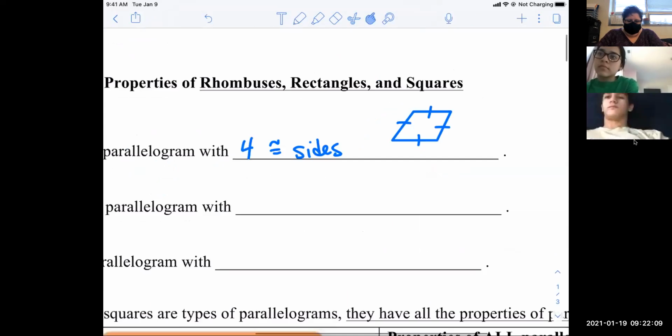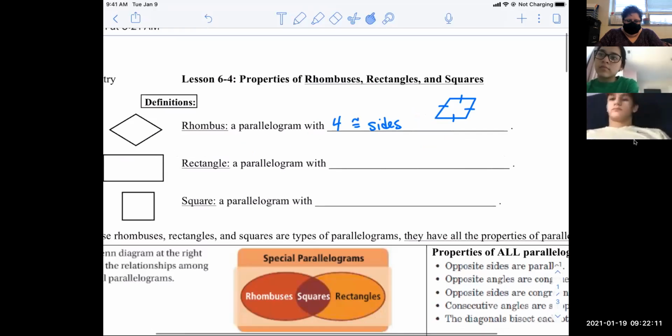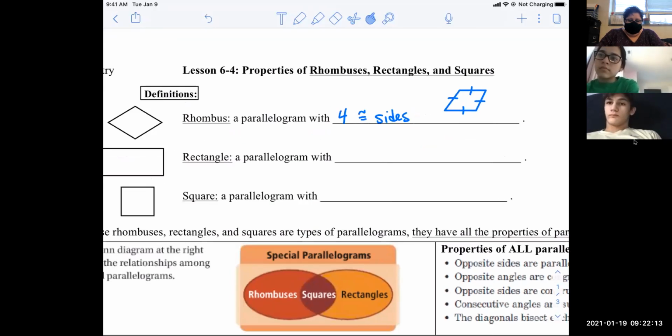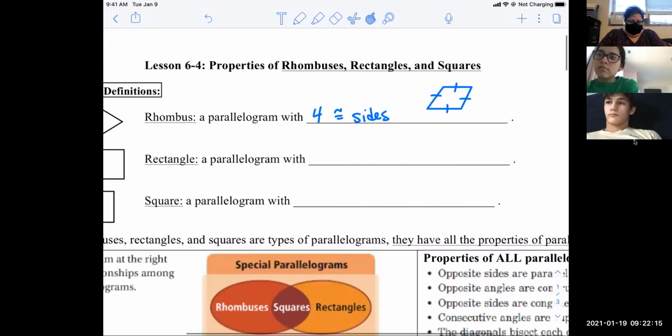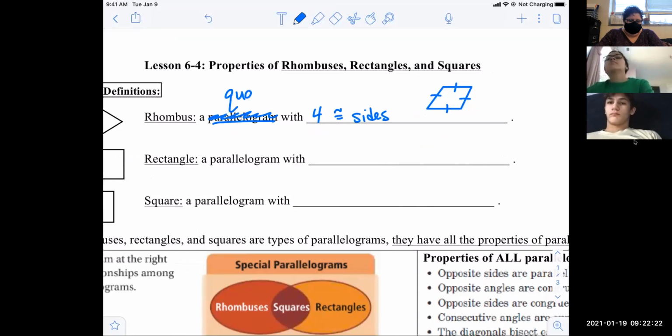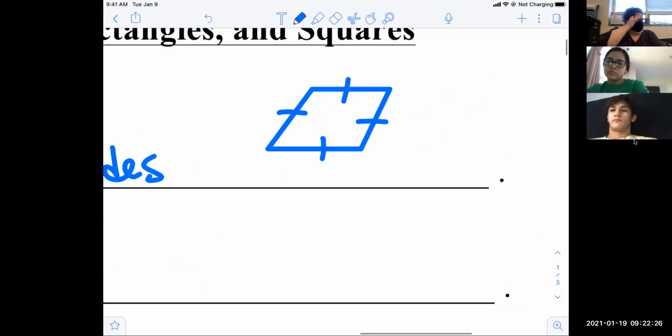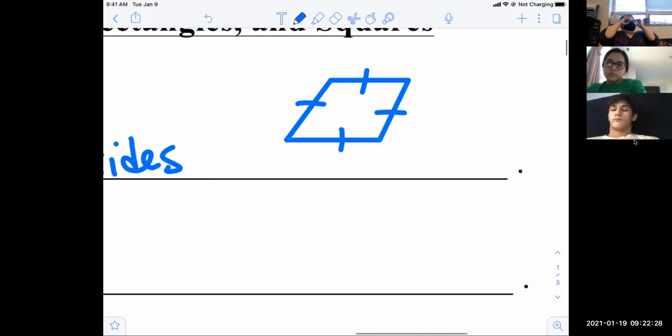Yeah, all 4 sides are congruent. It's kind of redundant to say parallelogram here. Why would it be enough to say a quadrilateral with 4 congruent sides? Why is that sufficient?